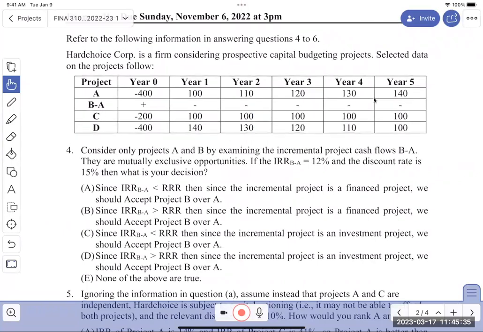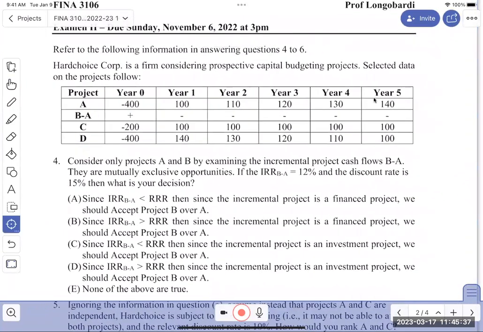So it's either this one or this one. Since the required rate of return is bigger than the borrowing rate of picking project B instead of A, then you should accept B over A.